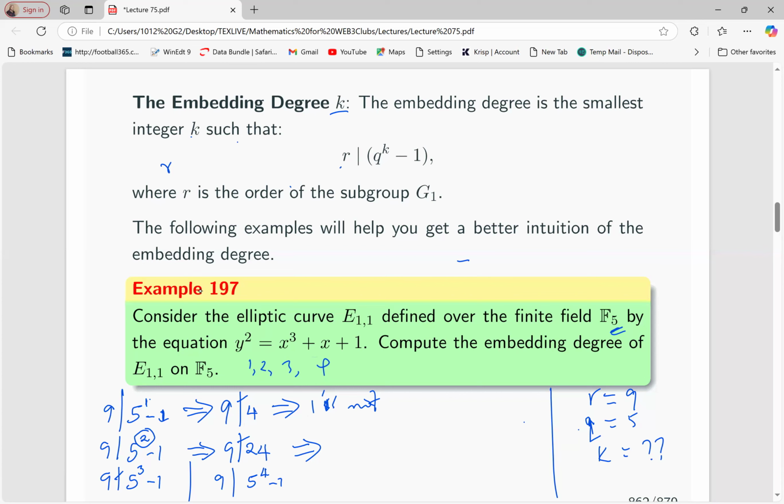Is my calculator, am I doing it correctly? Anybody that has a calculator and is following?